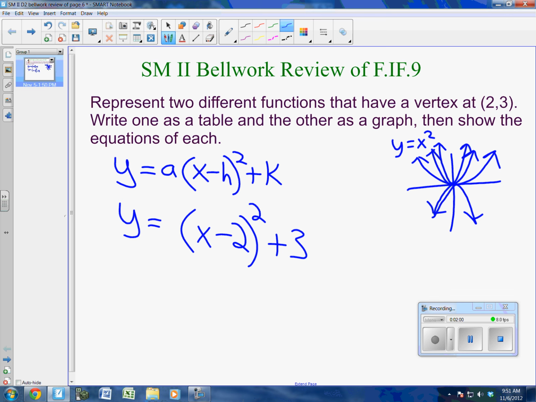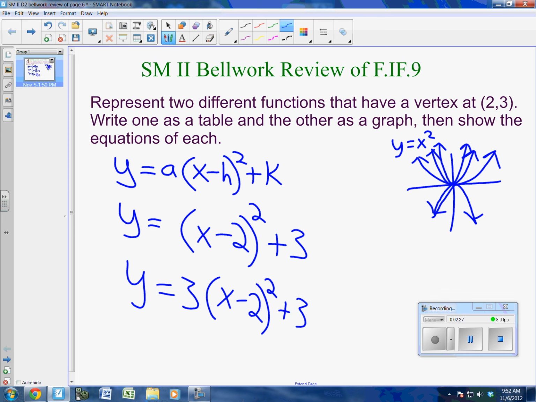Okay, so here's one equation. What would be another equation? If I want to keep the same vertex, what do I have to change, everybody? I just explained it. What do I have to change? A. I have to change a. What could I change a to? I could change it to anything I wanted. So let's make it semi-easy, not too big. 3 will work. 3 times x minus 2 squared plus 3.